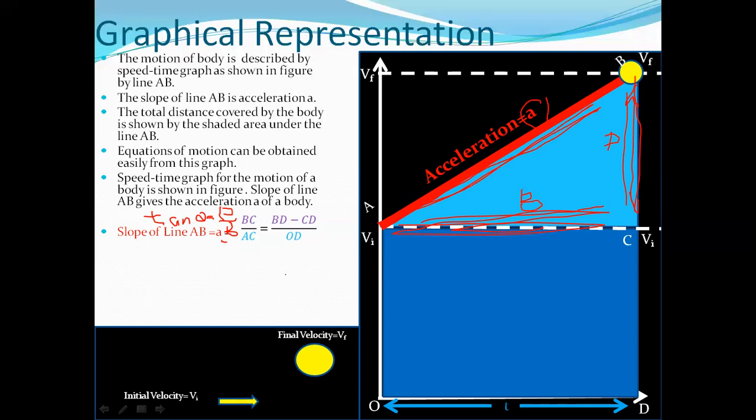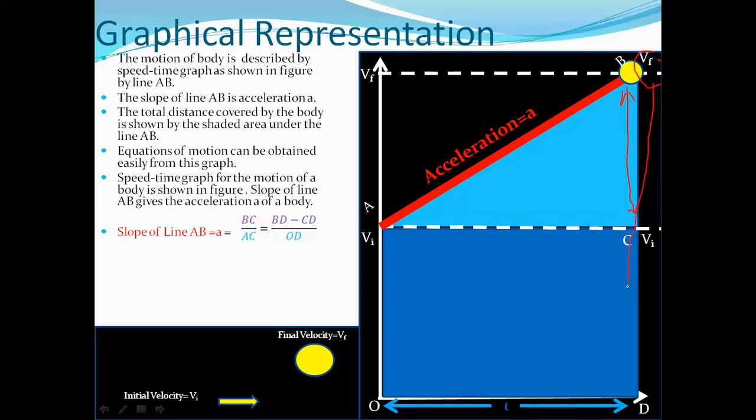But BC, we don't know the value of it basically. So how can we measure the value of this much part only? We have the final velocity. The final velocity from 0 point is basically BD. The total distance from here to here is BD, and the initial point is CD. So if we subtract these two segments, we will get this segment right here, which is known as BC.